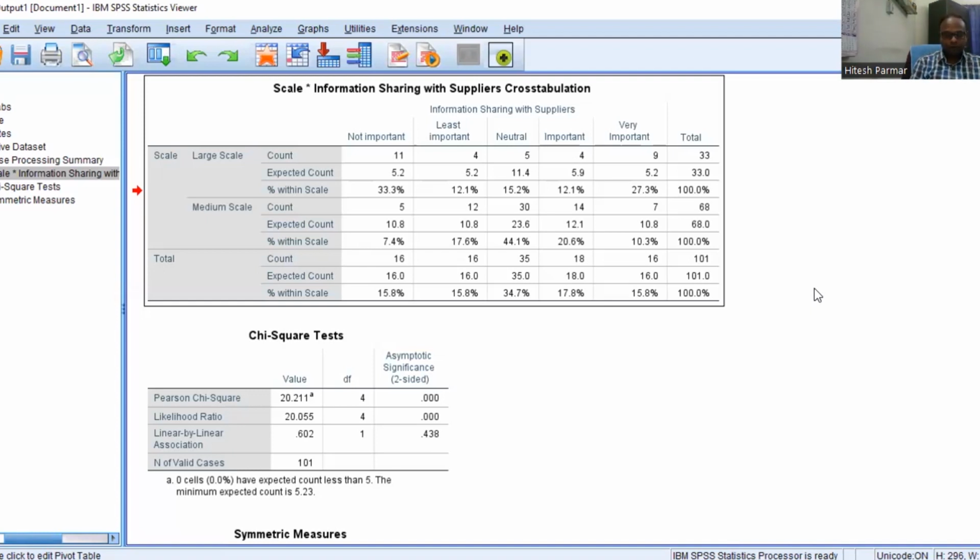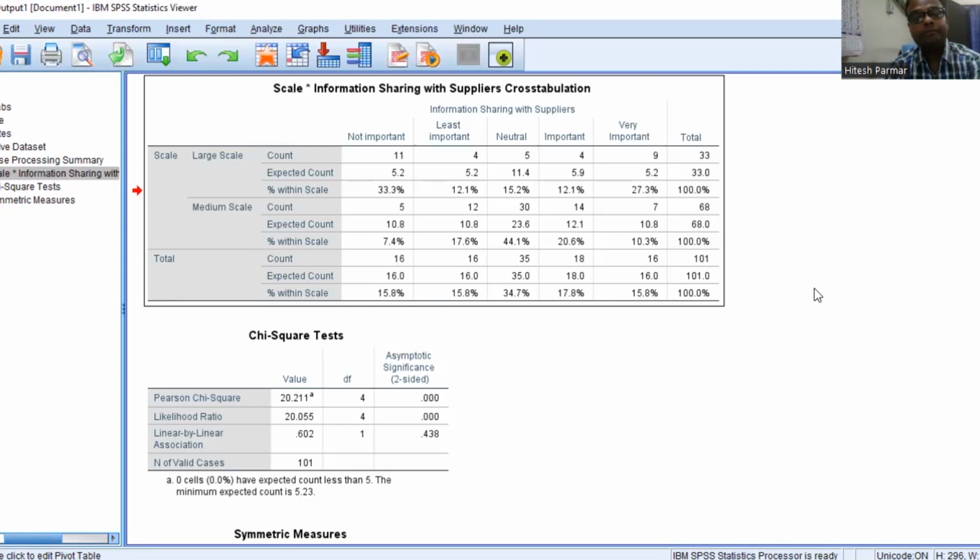So 12.1 plus 27.3, so 39.4% is the percentage given to important and very important in total by the large scale, 39.4. Now, if we see for medium scale, then 20.6 and 10.3, so 30.9%. In case of large scale it is 39.4, but in terms of medium scale, it is only 30.9.